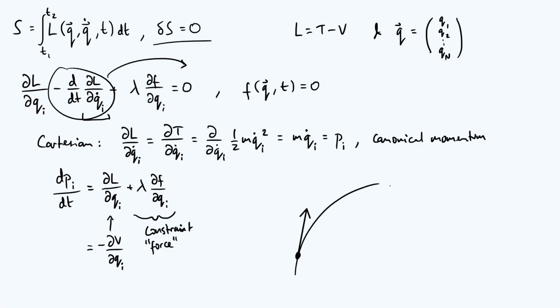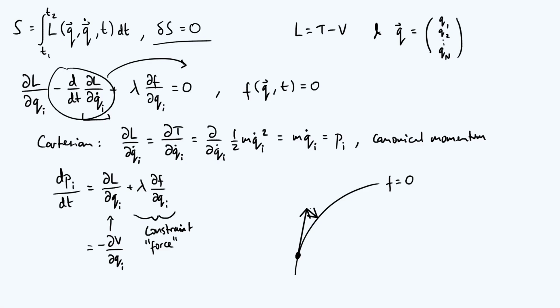So remember that this is the surface of f equals 0 in configuration space. The constraint force will pull it back to the surface in the most direct way possible. So the easiest way for it to do that is to pull back in a way that's perpendicular to the surface itself. Now, if you're familiar with vector calculus, you'll know that the vector which is perpendicular to a surface over which some function takes a constant value is proportional to the gradient of that function.